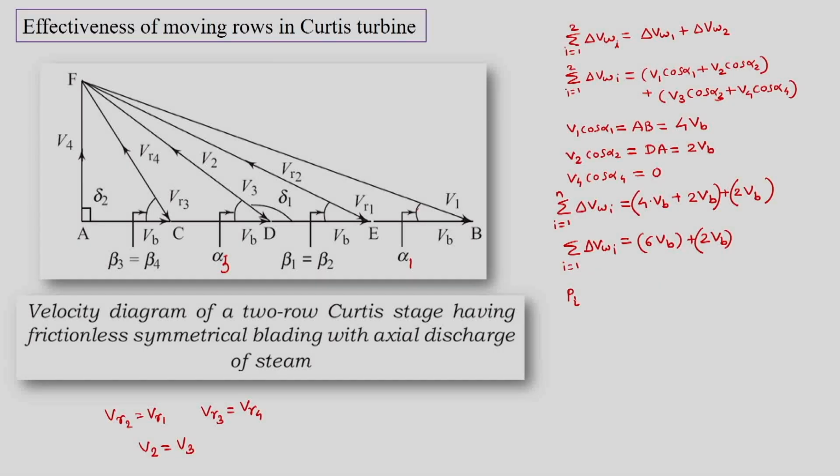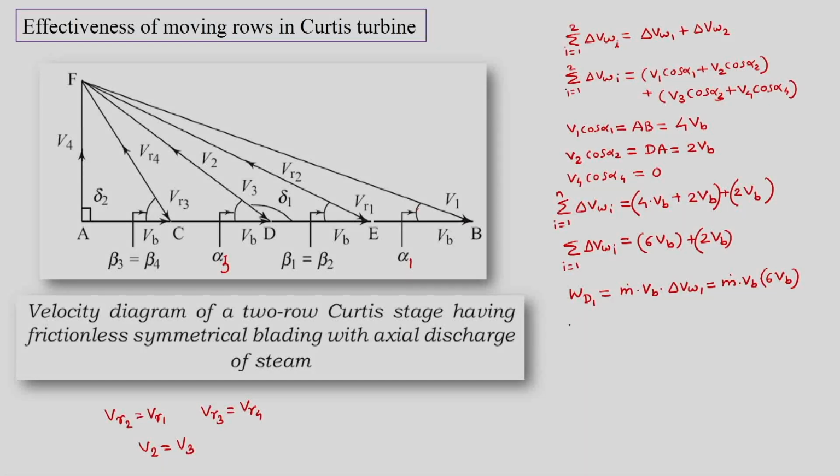Now if I want to find out isolatedly the work done for the first stage, suppose WD, the work done for the first stage, is m dot into Vb into delta Vw1, and this turns out to be m dot into Vb into 6 Vb.